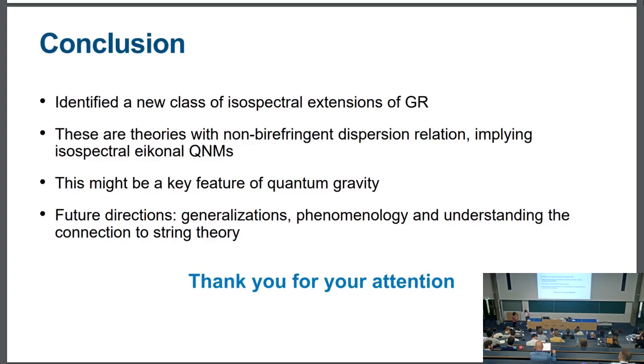Yeah, this is what I mean by generalization. Maybe you can look at an arbitrary Lagrangian of arbitrary order and then impose isospectrality and see what you get. Yeah, but there is a belief that you should have an infinite tower of corrections with some small parameters. So I don't know if there's something that would change in terms of the analysis, like whether imposing this will lead to infinite corrections.